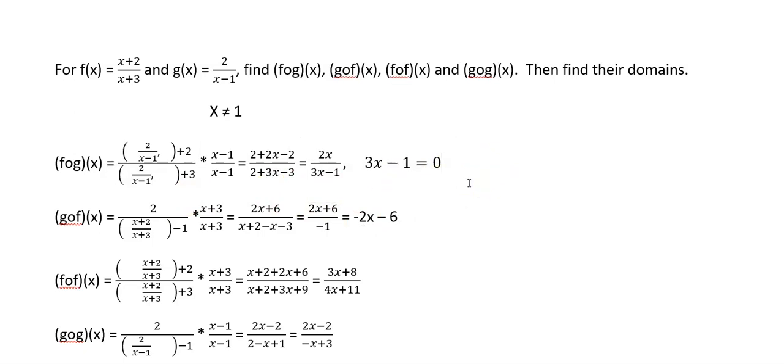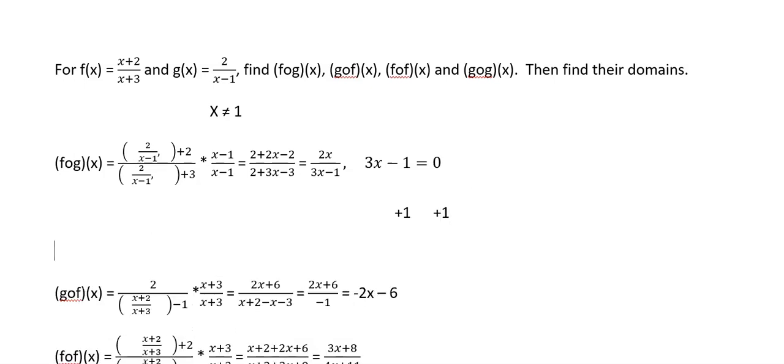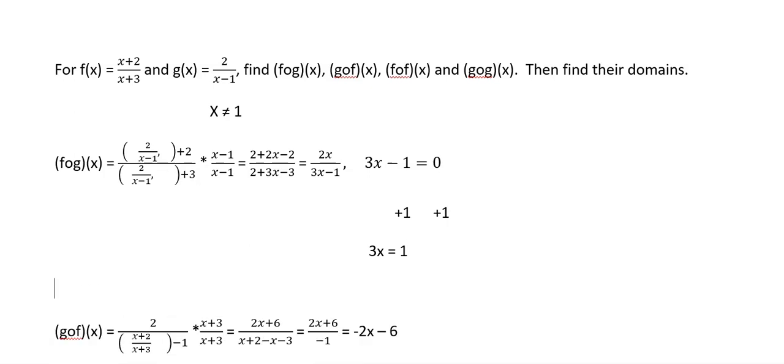I just have to kind of do it down here. I apologize that it's so far away. It's kind of acting strange, but that's Word for you. 3x equals 1. And then let's divide out our 3, and we'll get x equals 1/3.